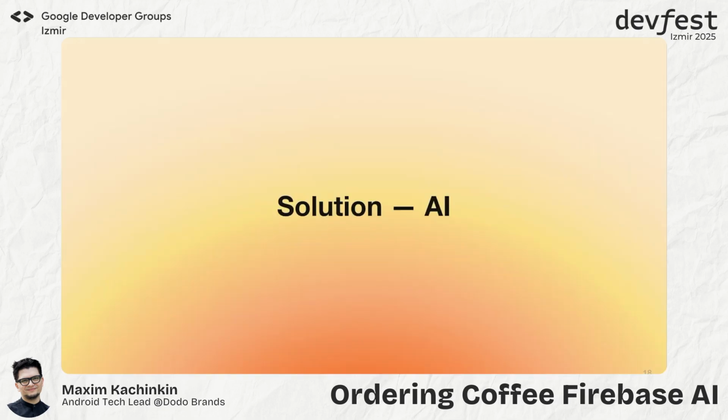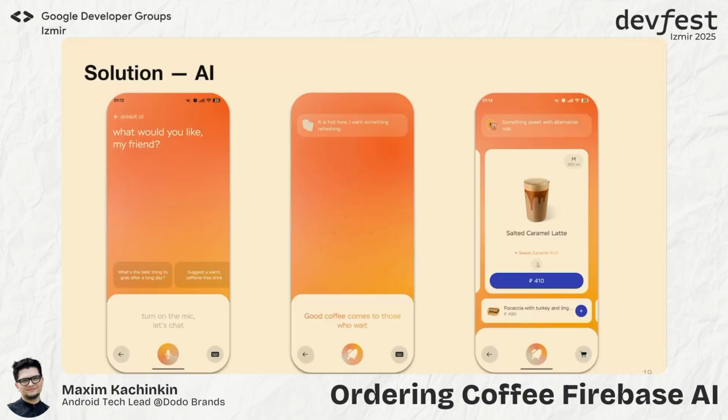We had a hope. It is called AI. Because we live in 2025, of course, our solution is AI. And not only because of this, but also because usual UI doesn't scale for our problem. We designed our feature. It looks pretty straightforward. You press the mic button, say whatever you want, and the app gets you the perfect drink just for you.